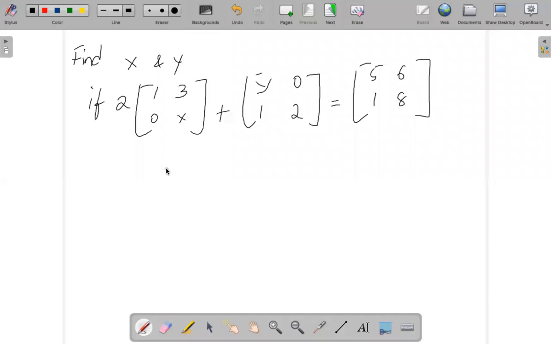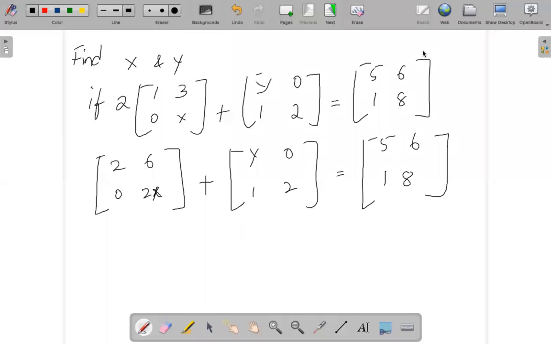Now let us solve this. We have to find x and y for the given problem. So we get this after saying this. Now let us add it and equate it. So further we add it.